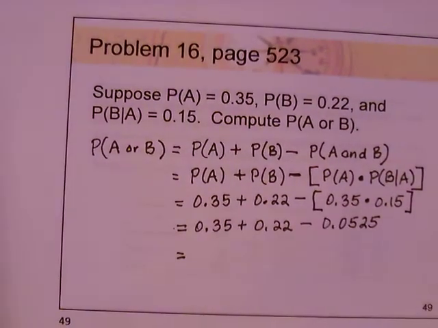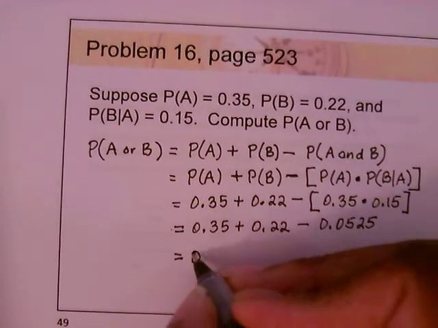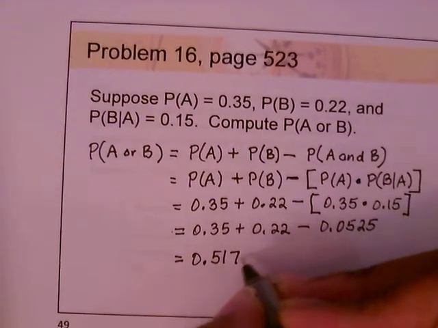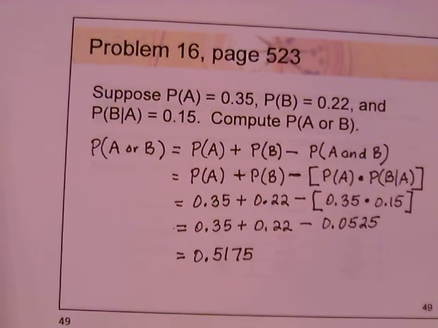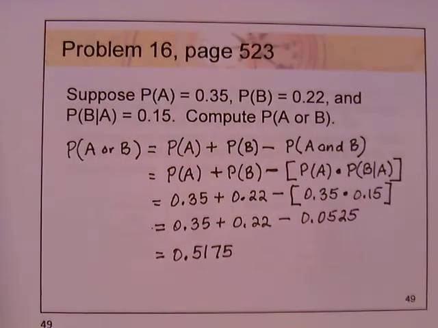If I add the 0.35 to the 0.22 and subtract 0.0525 from it, I will end up with 0.5175. Okay, so that represents the probability of A or B.